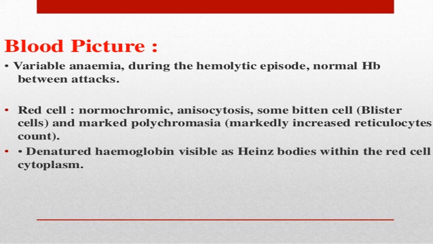What are these bite cells? Bite cells are formed as the spleen removes Heinz bodies, creating a bite in the red blood cells. The RBCs contain a coagulum of hemoglobin that has separated from the cell membrane, leaving an unstained non-hemoglobin containing area, giving the appearance of a bite cell.